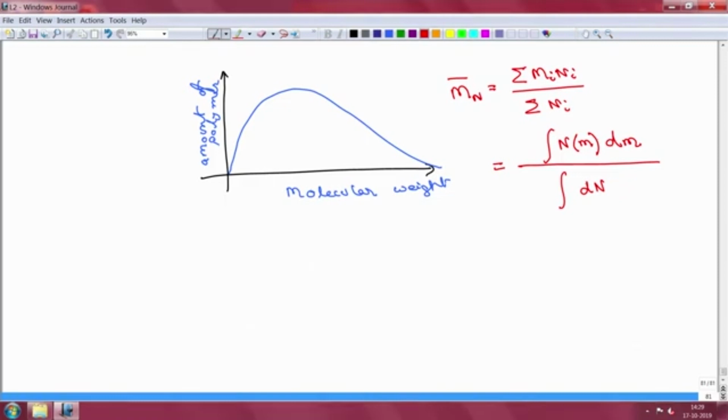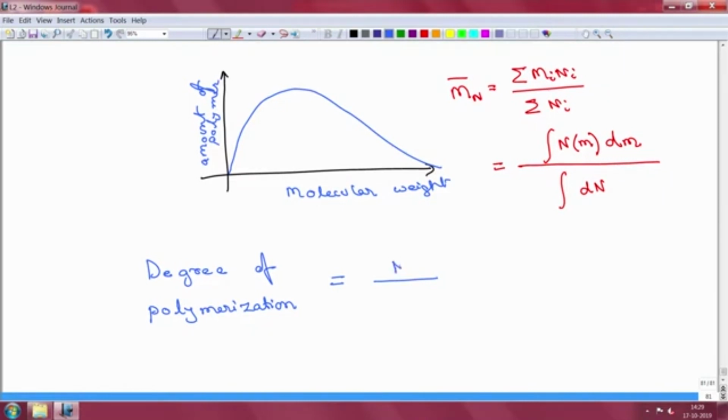Another quantity that people often encounter is called the degree of polymerization. So, how do you calculate the degree of polymerization for a given polymer? You take the molecular weight of the entire polymer. Okay.